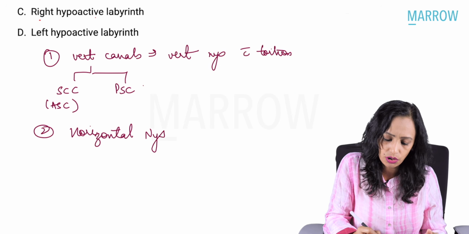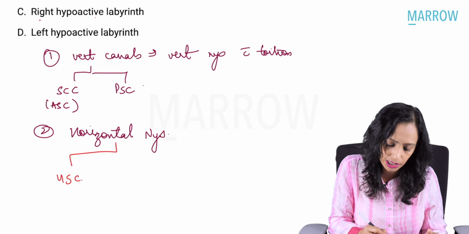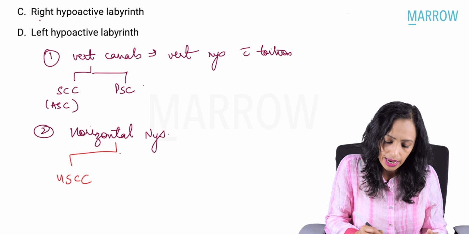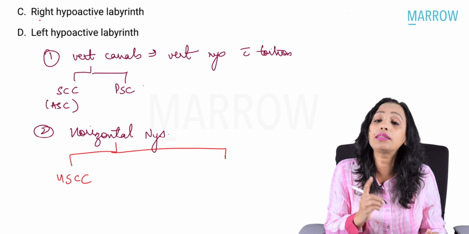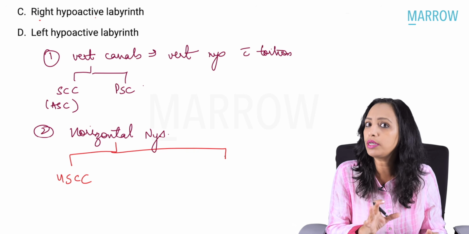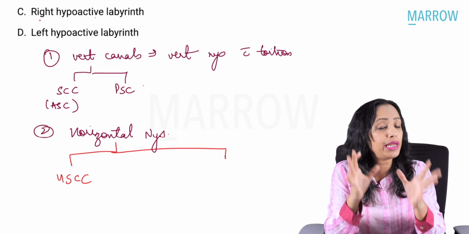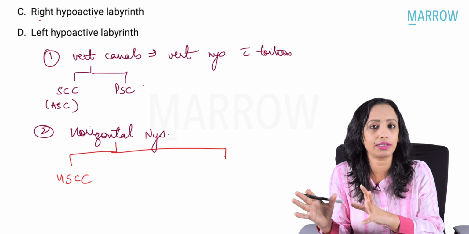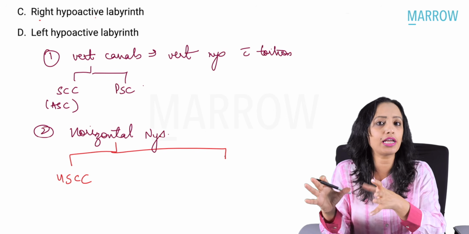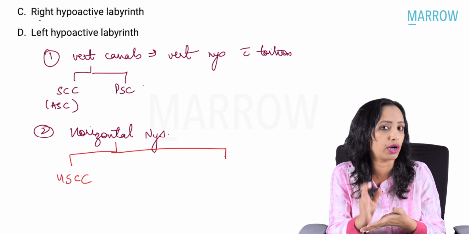Horizontal nystagmus will be because of involvement of the horizontal semicircular canal, and another condition where there is horizontal nystagmus is when there is complete involvement, complete destruction of the labyrinth of one side. So if the one side labyrinth has become completely hypoactive, completely destroyed, that will also lead to horizontal nystagmus.